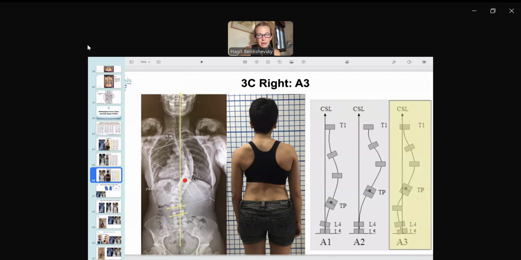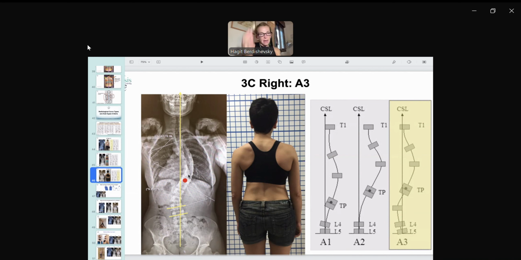This A3 type, this 3C type, is A3, meaning we see that L4, also L3, are in the direction of creating a lumbar curvature.